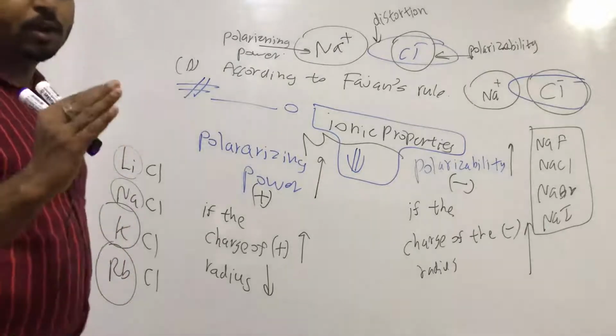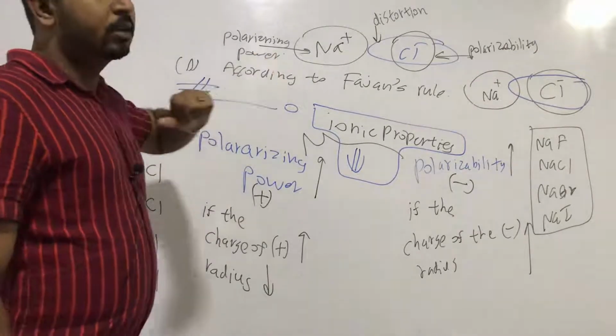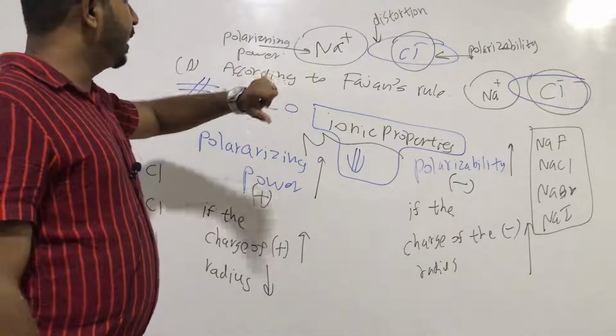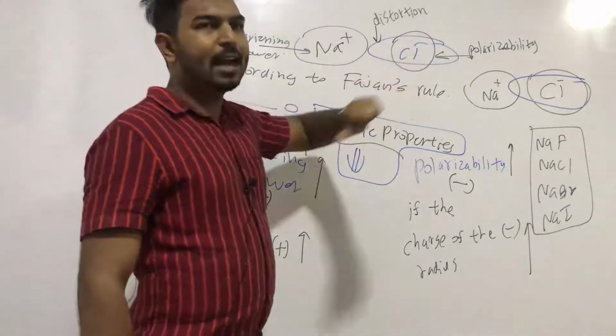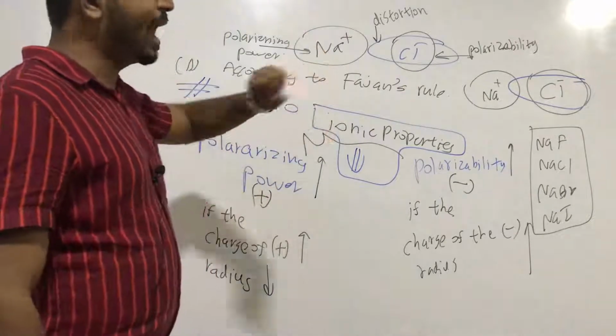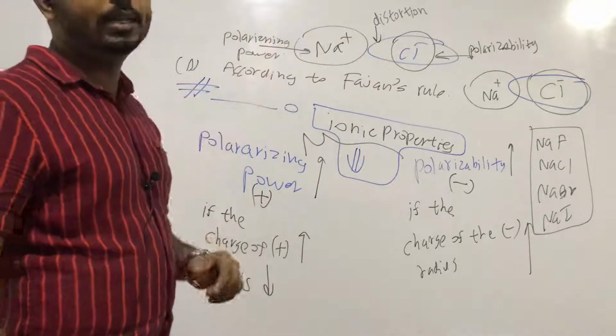So today I think you have completed the note. The force created by the cation is polarizing power, and the force acted on the anion is polarizability.